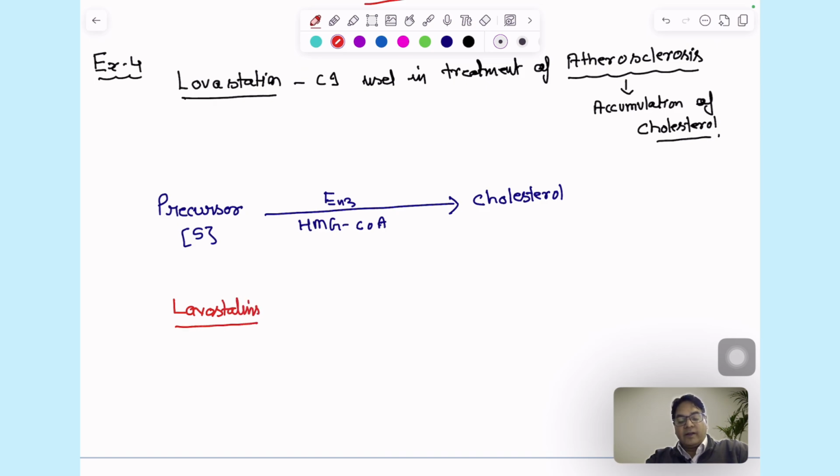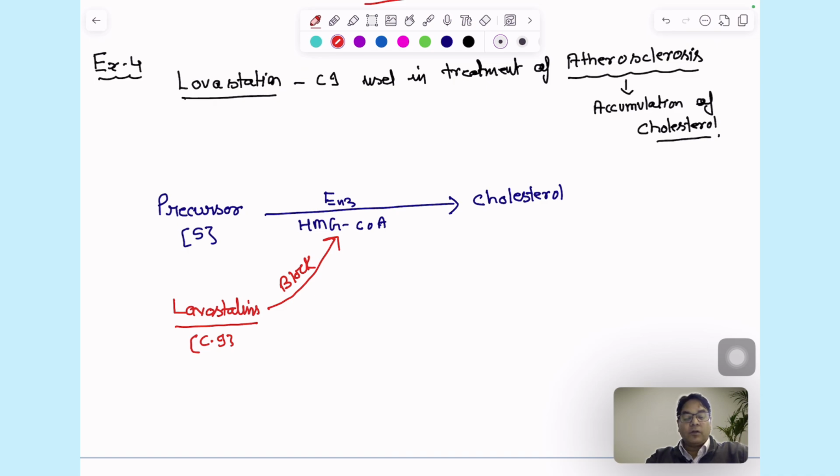This lovastatin acts as a competitive inhibitor, and it competes with this precursor substance and blocks this enzyme.